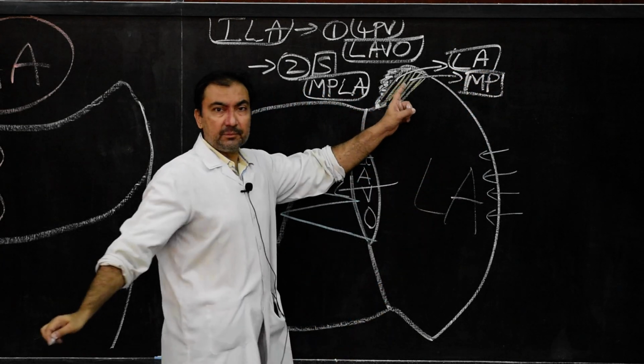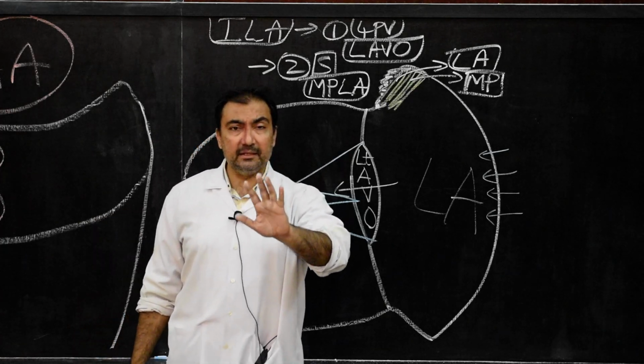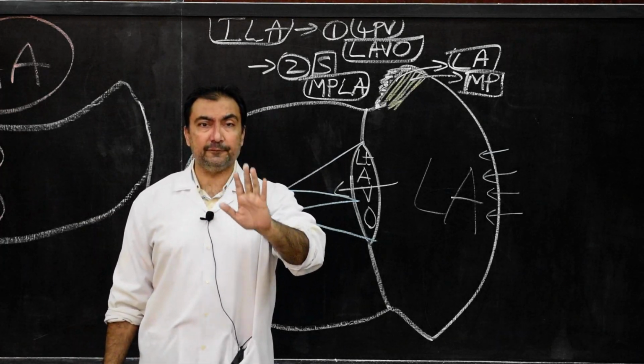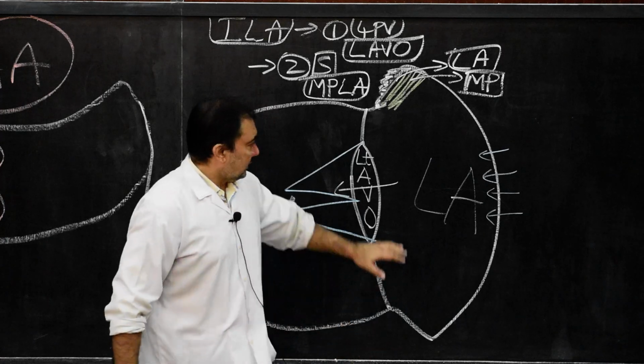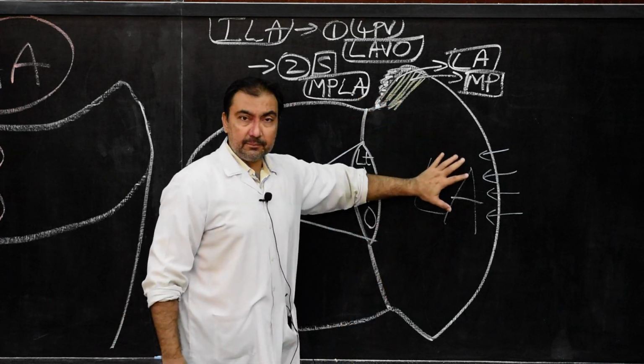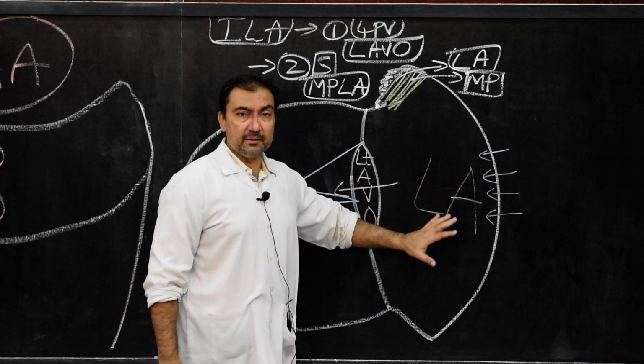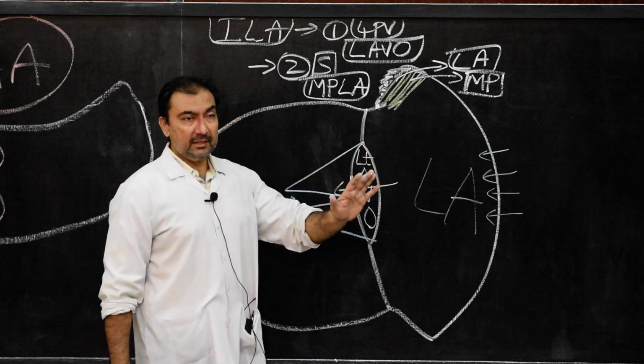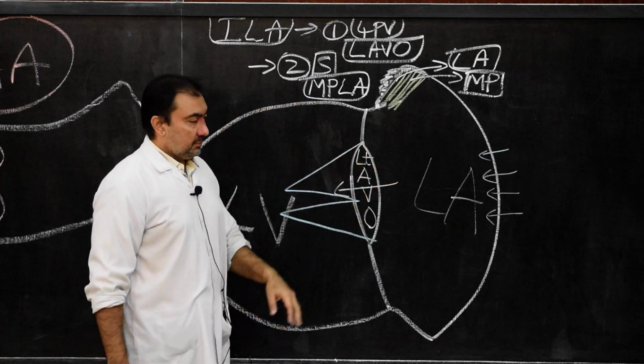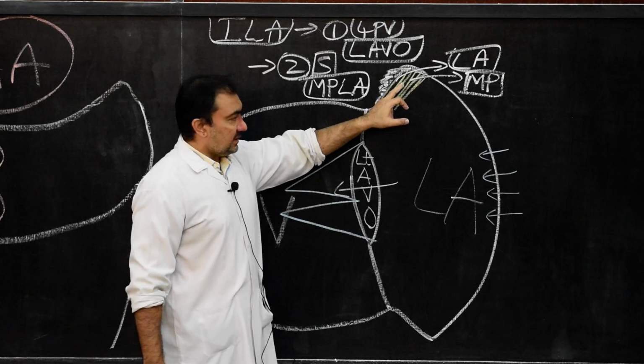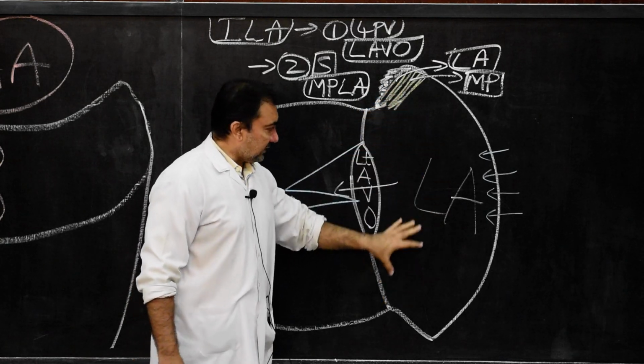Many times it is asked in a 1 mark question answer. The musculi pectinati in the left atrium are present within the left auricle only, and the remaining surface of the interior of the left atrium is smooth. So that is the second point. Presence of musculi pectinati within the left auricle and the surface of the left atrium smooth.